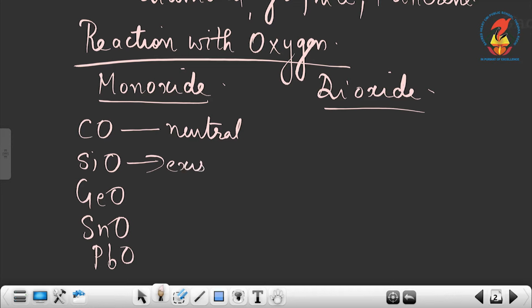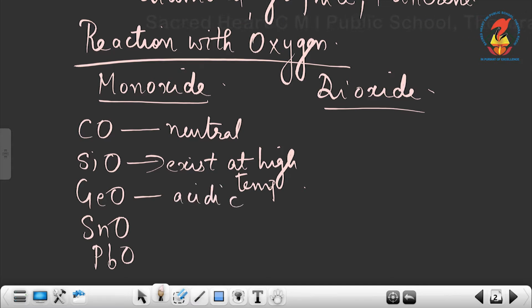SiO will exist only at high temperature. Germanium oxide is an acidic monoxide, and tin and lead oxides both are amphoteric.